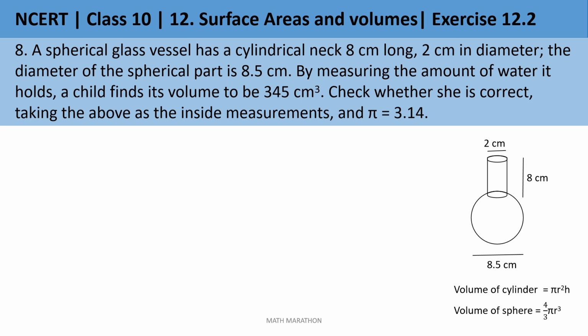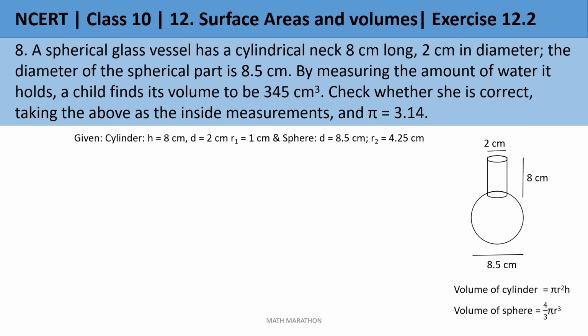I have drawn a diagram. I have drawn a vessel with a cylindrical neck and spherical bottom. We have the following information. Consider cylinder. Height h is 8 cm. Diameter is 2 cm. So, radius is diameter by 2, so 2 by 2, which is 1.